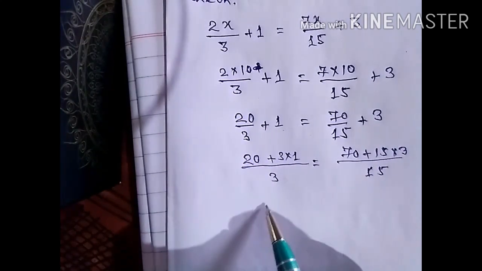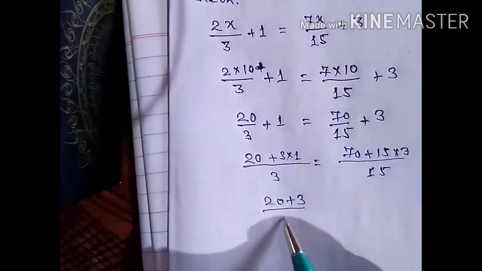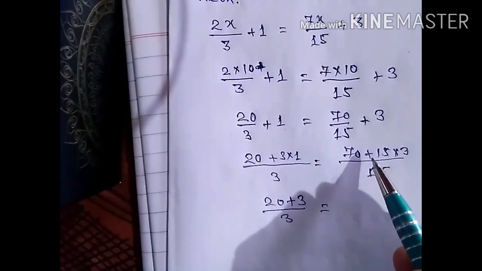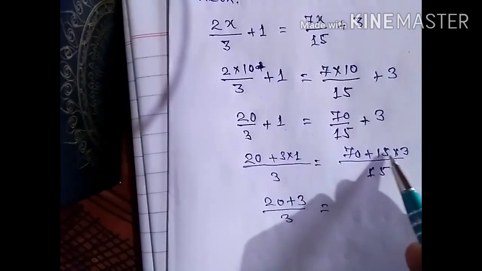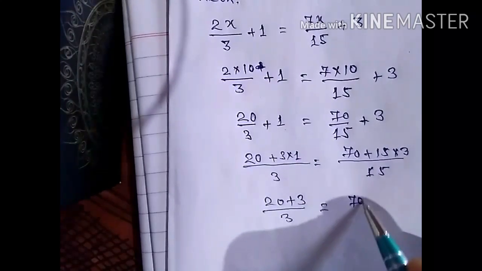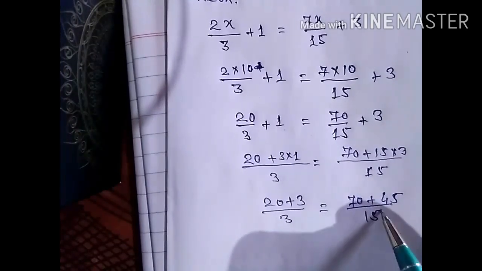So it will be, student, 20 plus 3 by 3 is equal to 70 plus 15 times 3 is 45. 70 plus 45 by 15.